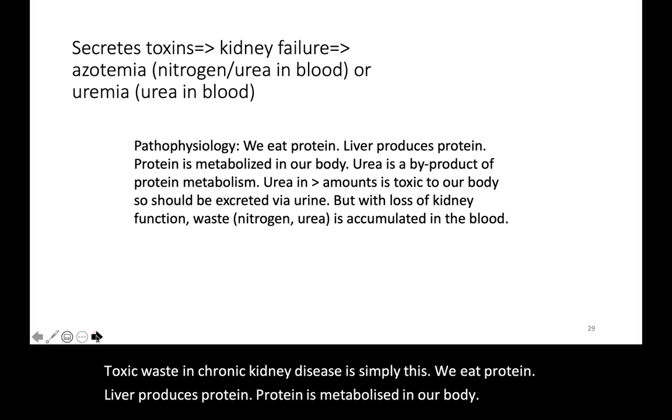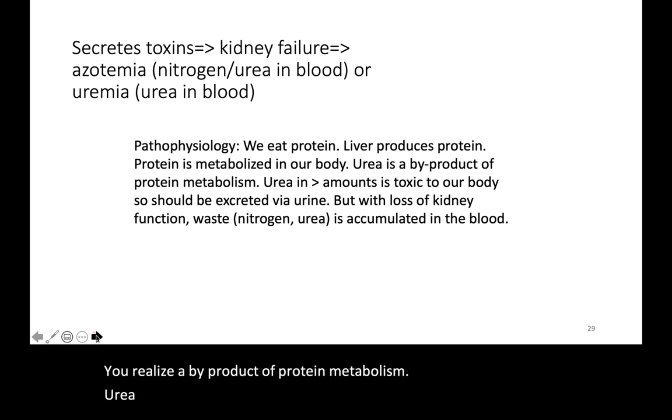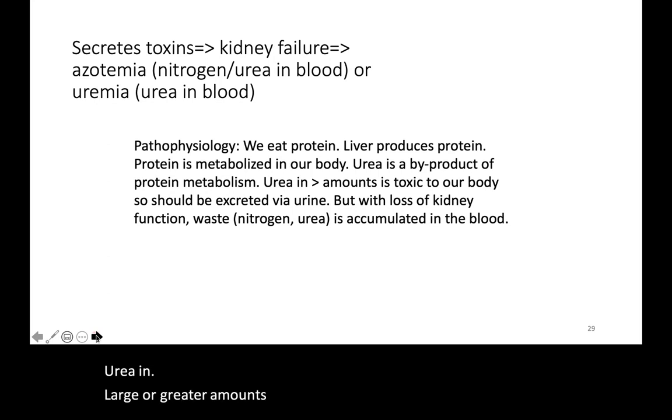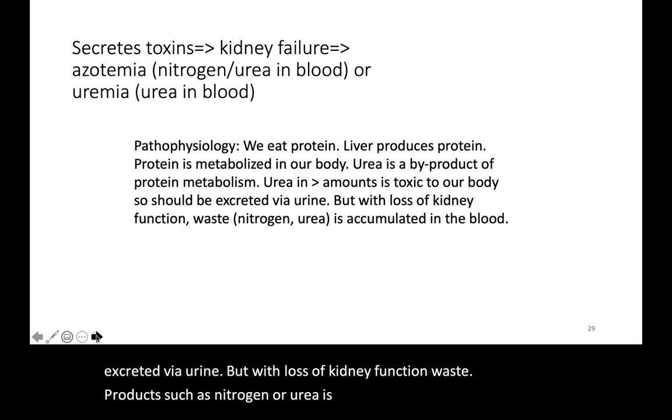Urea is a byproduct of protein metabolism. Urea in large amounts is toxic to our body and so should be excreted via urine. But with loss of kidney function, waste product such as nitrogen or urea is accumulated in the blood.